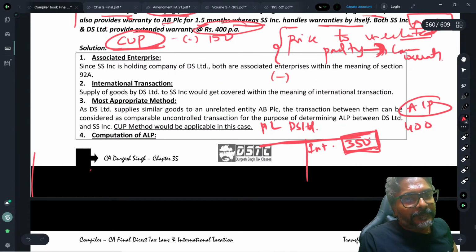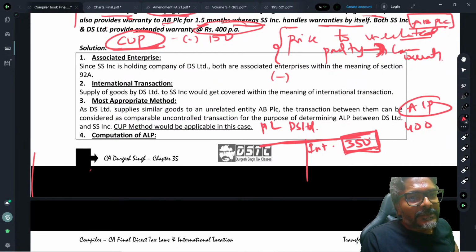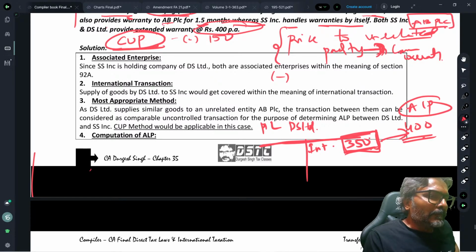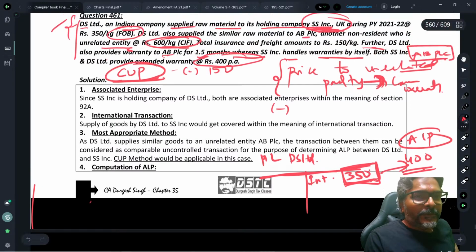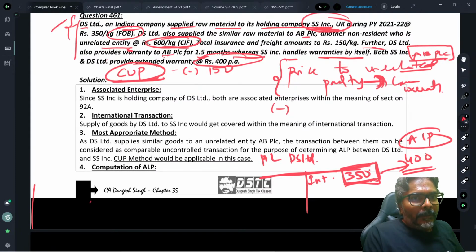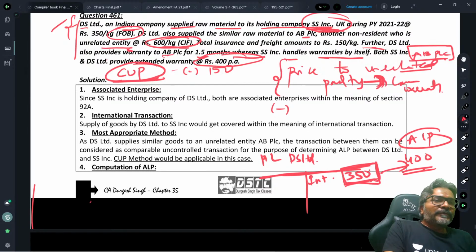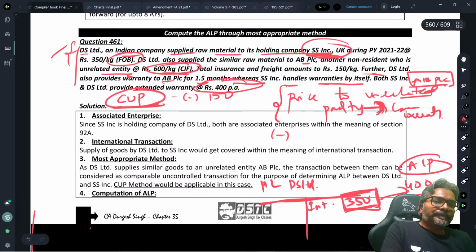Meaning thereby the transfer pricing adjustment will be required. How much? 50 rupees per unit. So it's 50 rupees per unit, students, for which this particular transfer pricing adjustment would be required.